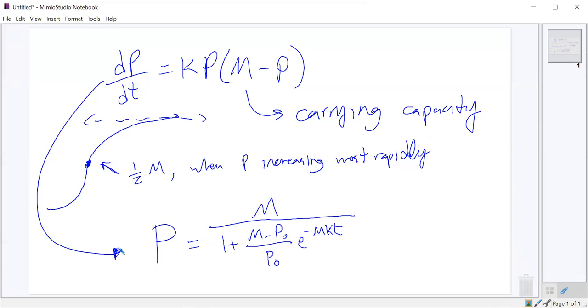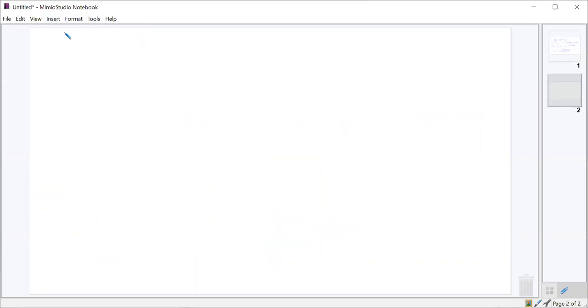And then, let's see, what else should we talk about? Sometimes they like to ask a question about limits relating to these. Sometimes they'll ask, what's the limit as t approaches infinity of dP/dt? And that should always be 0.